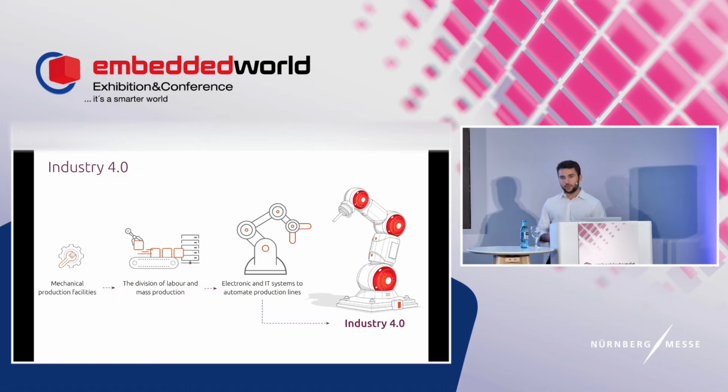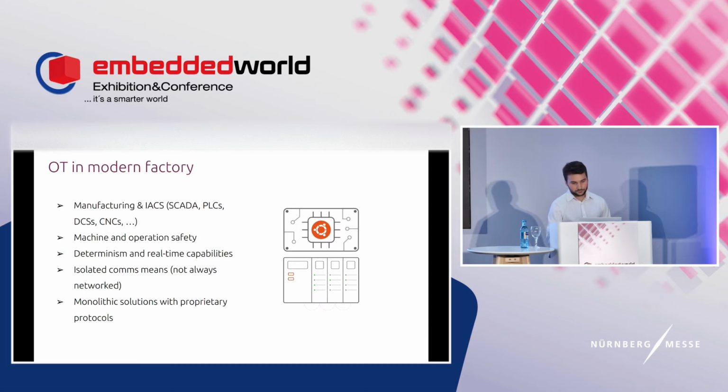And in the past few years, many digitization projects were initiated to take advantage of the Industry 4.0 promises, but often they fail to reap the benefits that the industry transformation promised. So to understand why that was the case, we need to go deeper and look at the different domains that play a role in the modern factory.